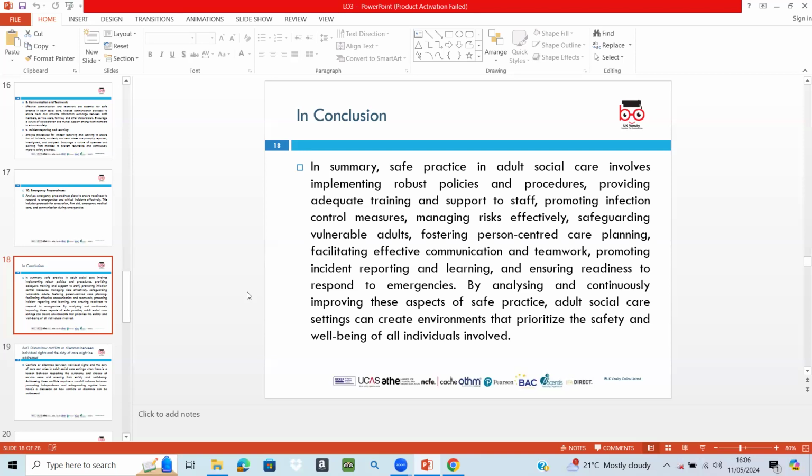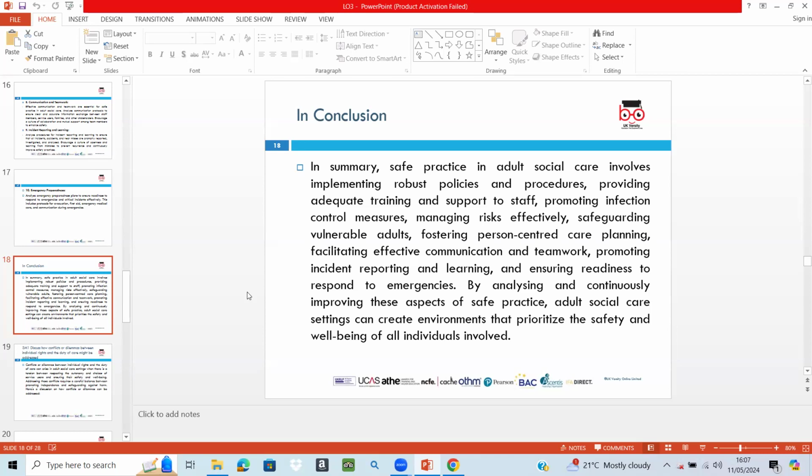We discussed person-centered care planning, communication and teamwork, and if we analyze and improve these aspects of safe practices in adult social care settings, we can establish an environment that could lead to the safety and well-being of all individuals, and it could create a culture of care and support that promotes quality of life and dignity for those receiving care. But it also includes ourselves as caregivers. It's for the improvement and safety of both.